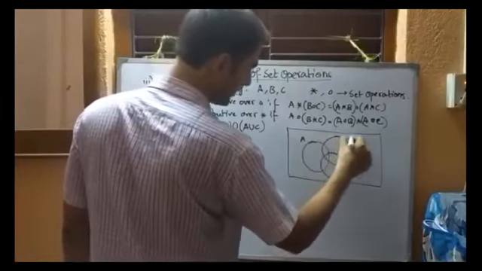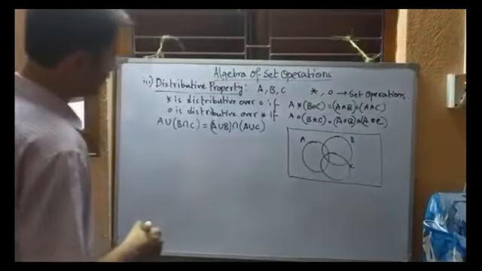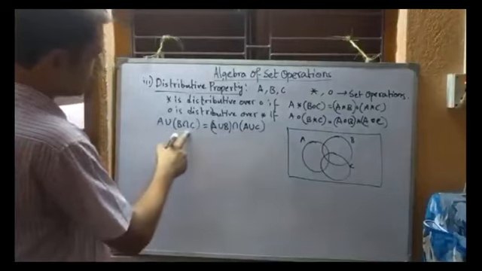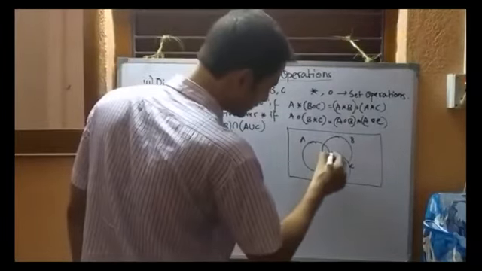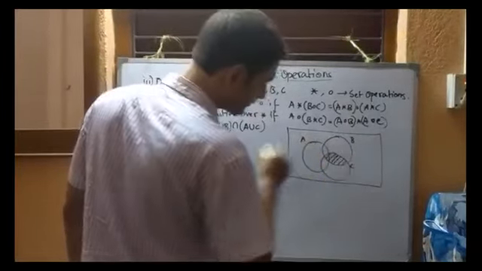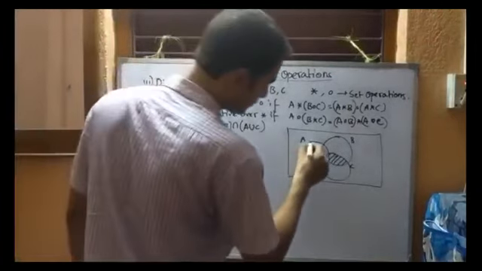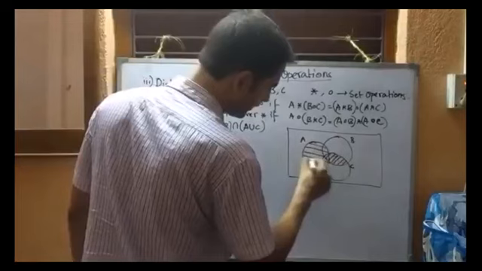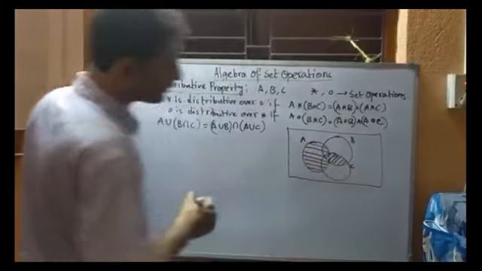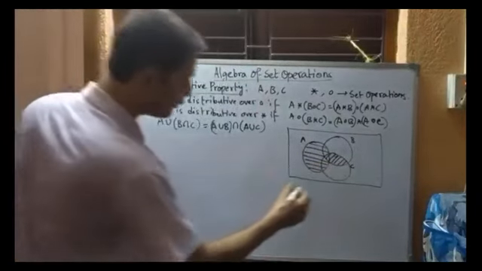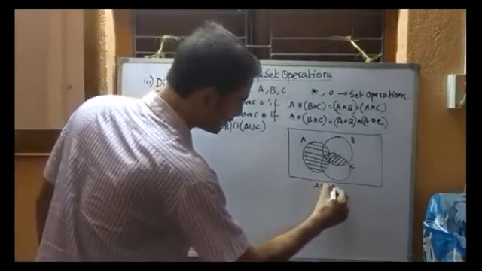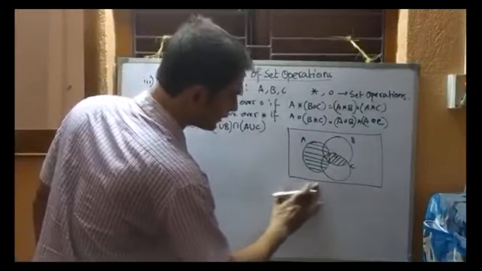So this is say A, B and C. So first of all we consider B intersection C. So this is the set B intersection C, and then we consider the union with A. So if we take the union with A, this will be the shaded region for A union B intersection C. We can write it on the top.